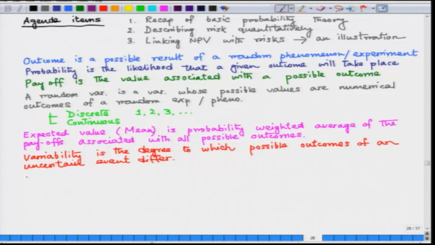So, let us assume a discrete random variable x which takes values like x1, x2, x3, so on so forth, and we can assume that there are k possible values.